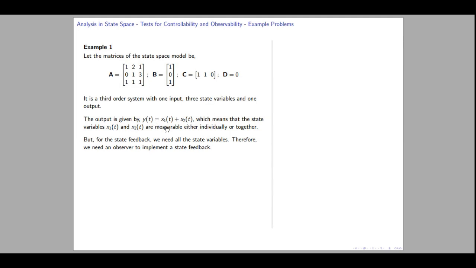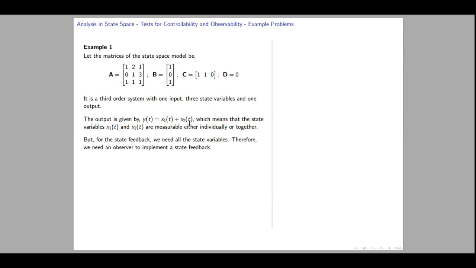So from this expression, we understand that x1 and x2 are either measurable individually or measured together. Maybe x1 plus x2 is obtained together, or it is measured individually and added later. And if I want to do state feedback control for this system, the measured states are only x1 and x2.